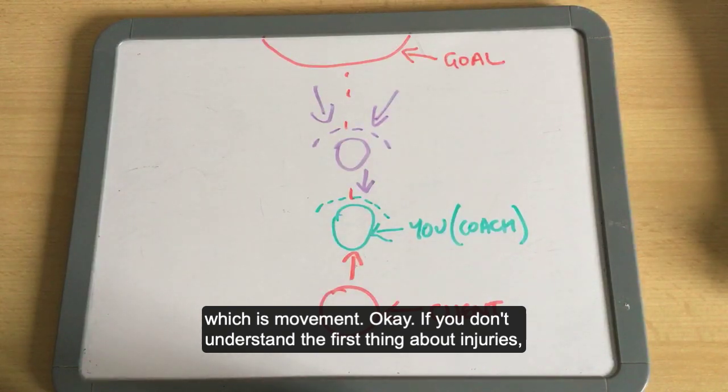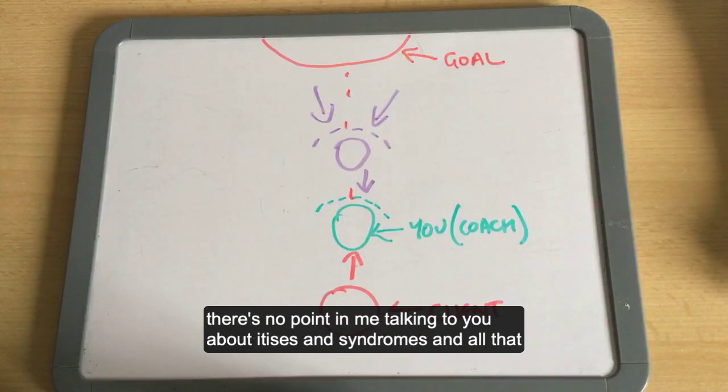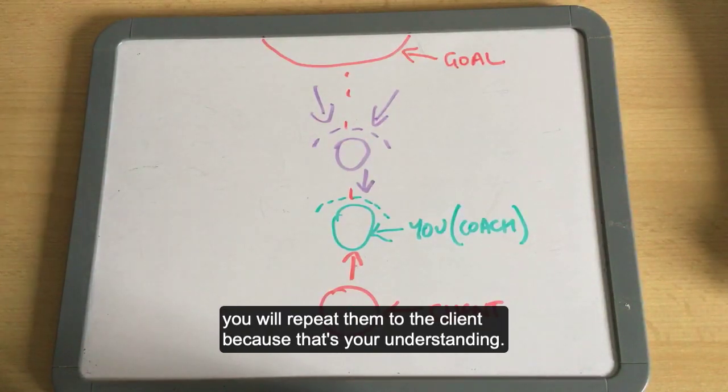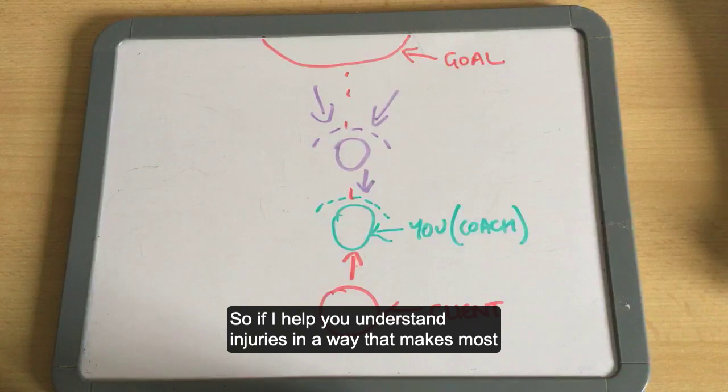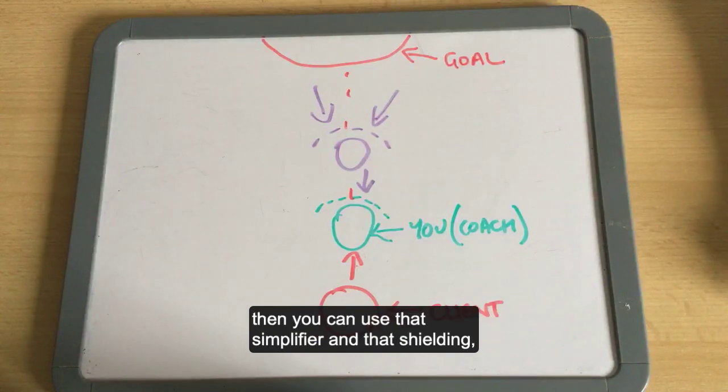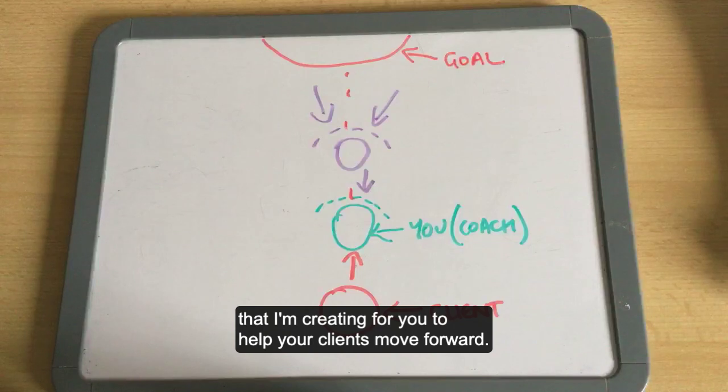If you don't understand the first thing about injuries, there's no point in me talking to you about itises and syndromes and all that kind of stuff, because whatever I say, you will repeat then to the client because that's your understanding. So if I help you understand injuries in a way that makes most sense to you, movement, then you can use that simplifier and that shielding that I'm creating for you to help your clients move forward.